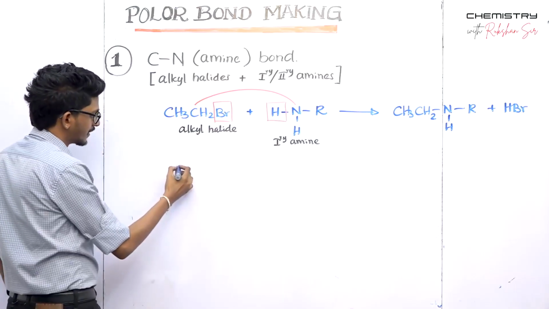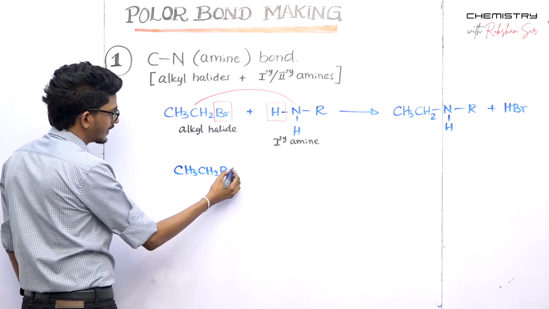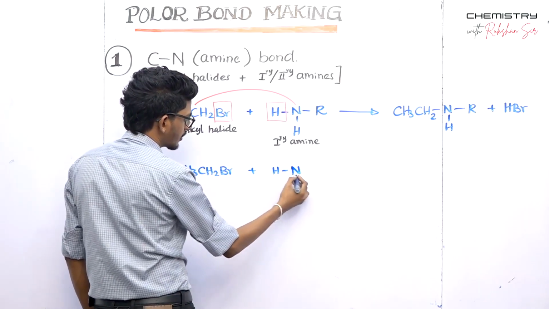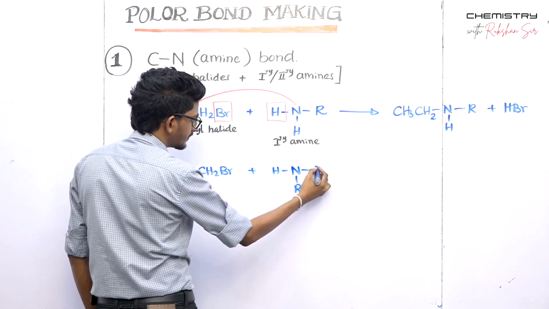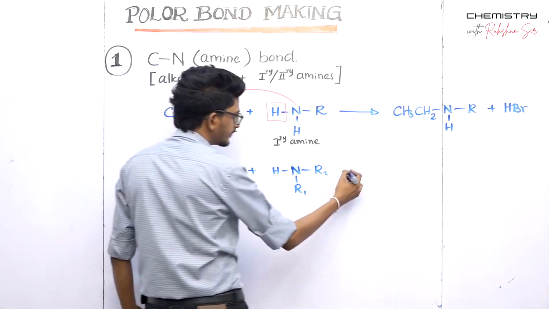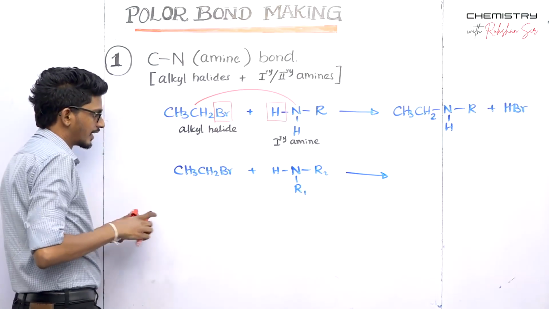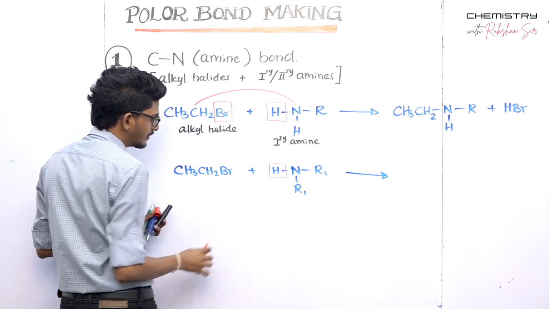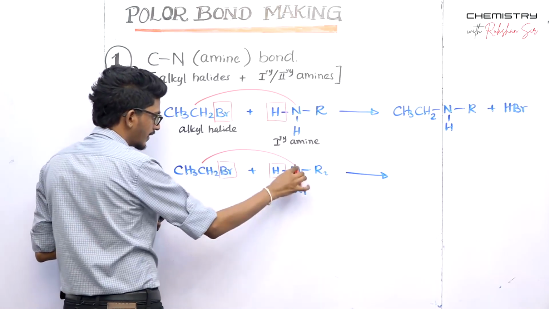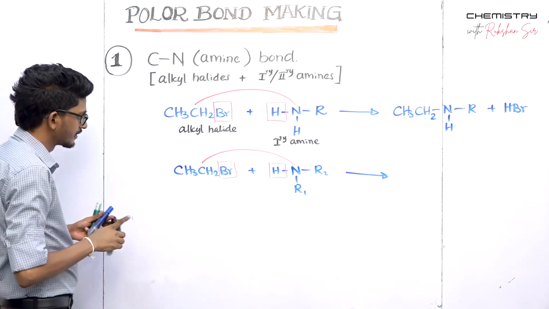You can use secondary amines as well, not only primary amines. Secondary amines means nitrogen with two R groups. Still, as you have a hydrogen on the nitrogen, that hydrogen will leave with the Br, connecting the carbon and nitrogen. That is what happens.